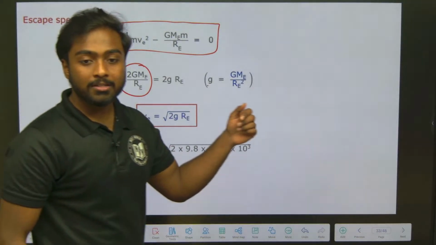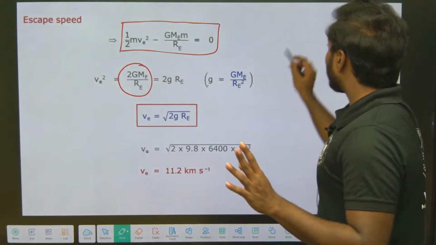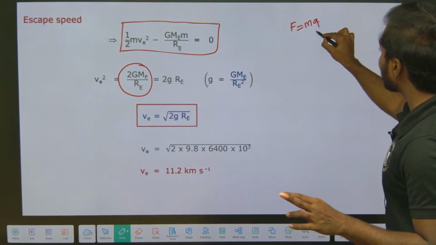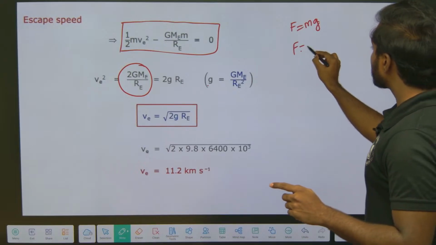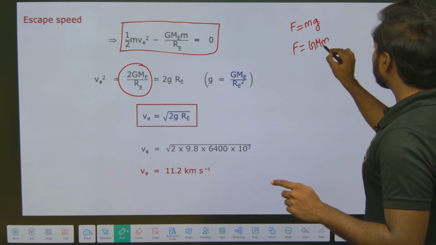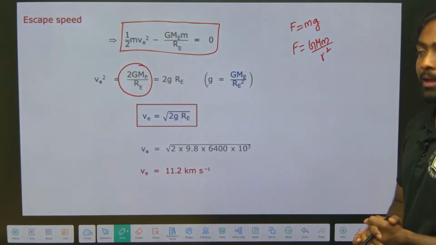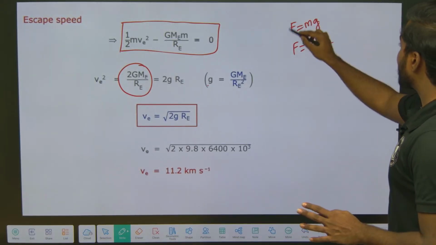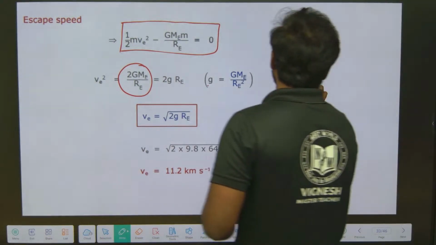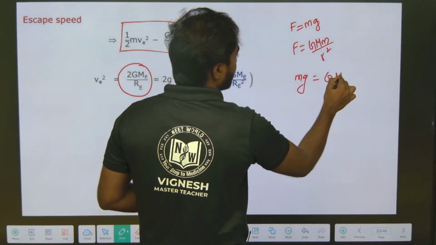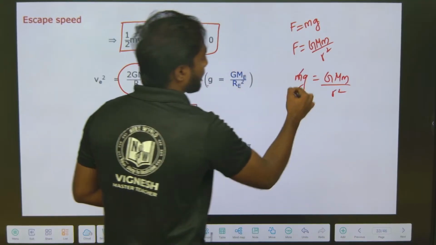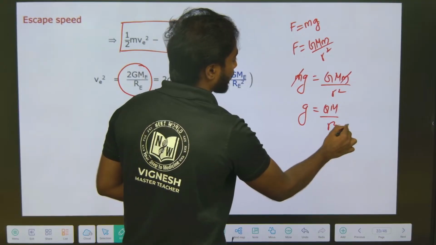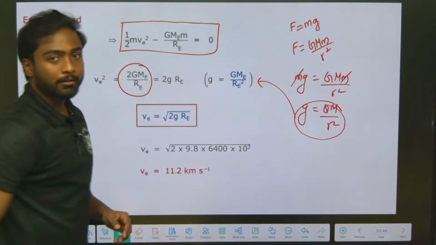We discussed this in the previous class: F equals mass into acceleration due to gravity, and also F equals GMm by r square, the gravitational force. When I equate these two, mg equals GMm by r square, where m and m cancel, so g equals GM by r square. That's what they have written here, right?